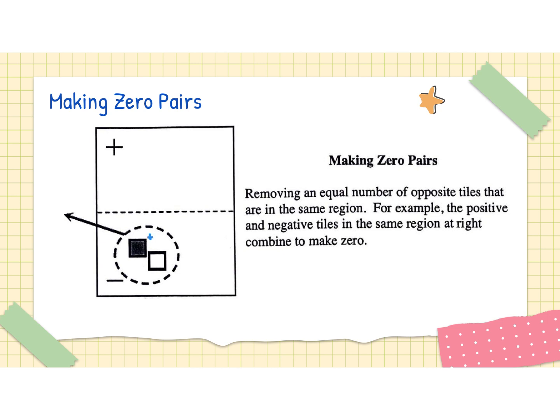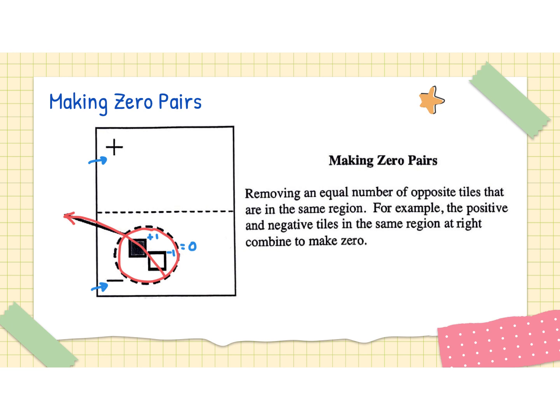This is a +1 and this is a -1. Together, those 2 tiles equal the value of 0. What we talked about was circling them, putting a line through them, and showing them removing themselves from the actual mat. It does not matter if they are in the negative space or in the positive space. If together they add up as 0, you can go ahead and remove them.